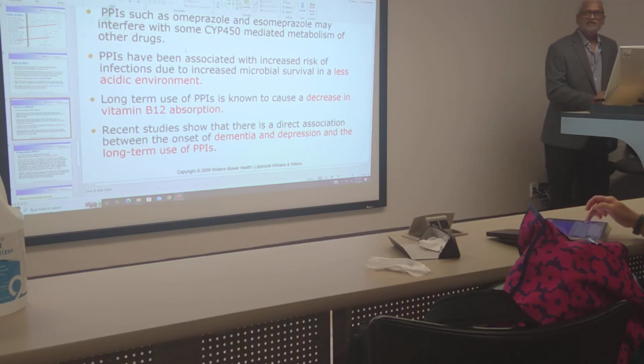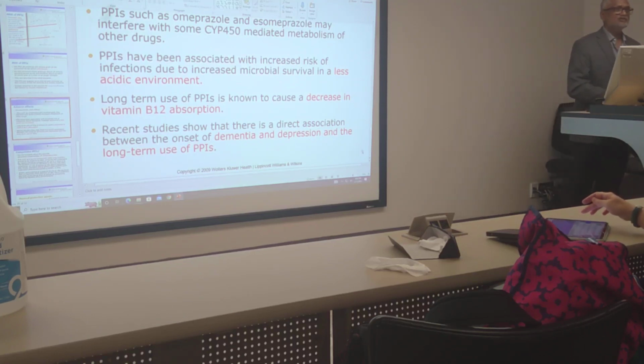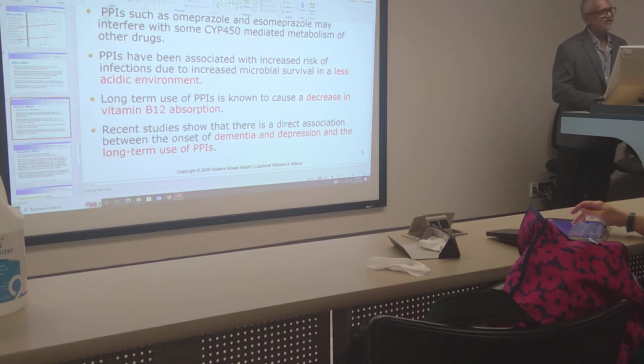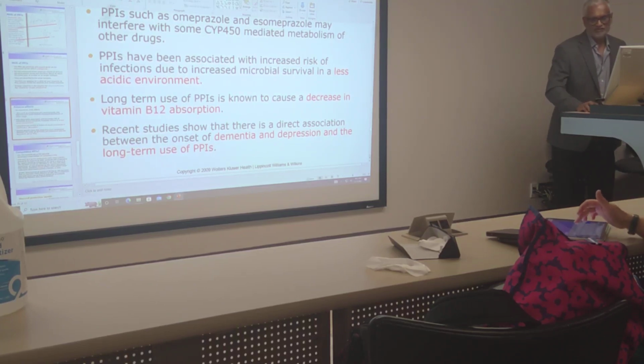Patients taking PPIs have a tendency to develop dementia and depression as a central effect. We don't know whether it is a direct consequence of these PPIs or a coincidence. It is still an ongoing investigation.